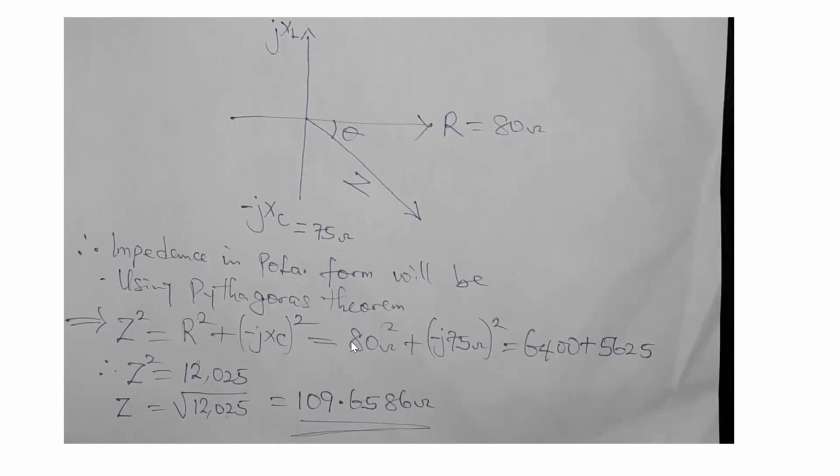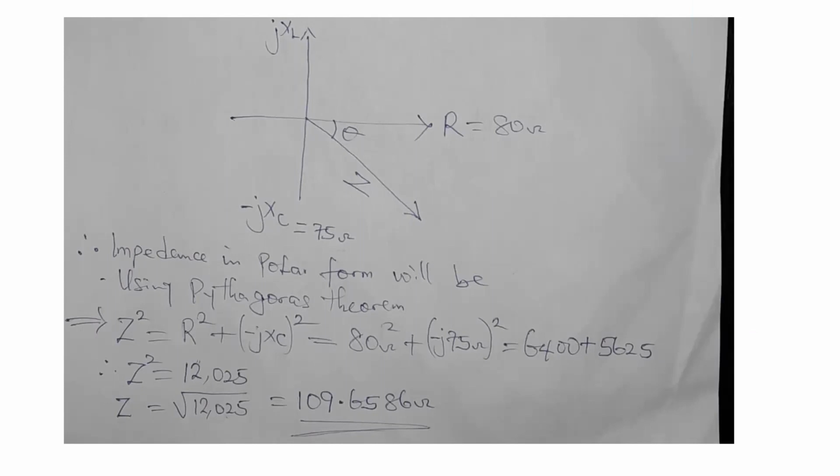So when you solve it, the square of 80 ohms is 6,400. The square of 75 is 5,625. So you now say the square of Z is equal to 12,025. Then Z, when the square crosses the equal sign, it turns to square root. This is just plain mathematics.